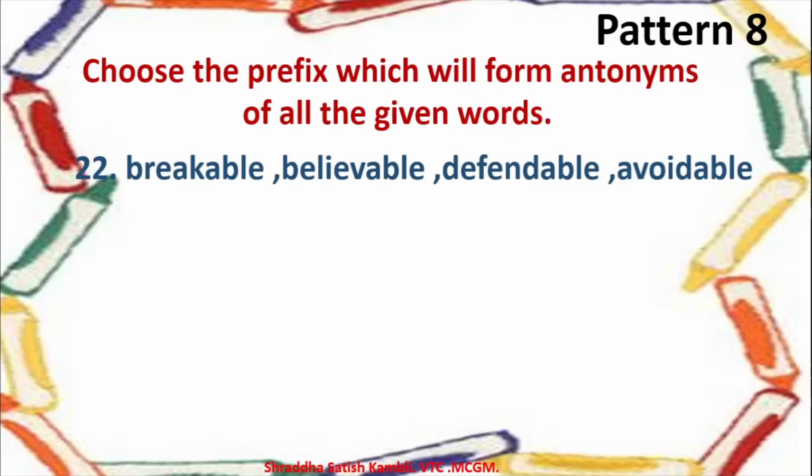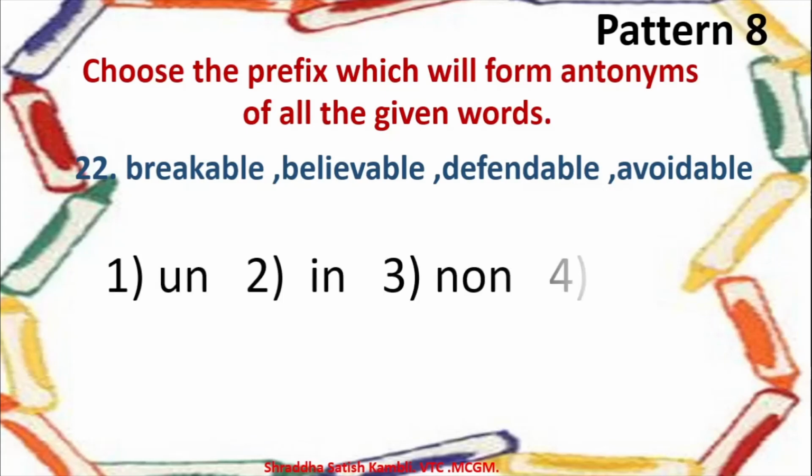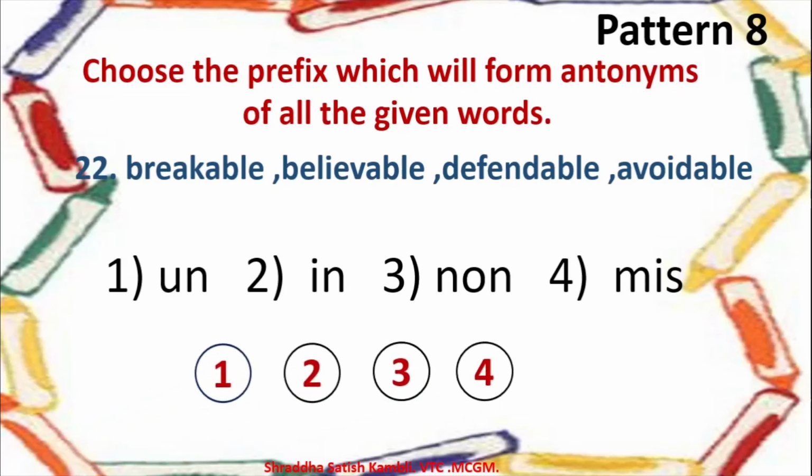Breakable, believable, defendable, avoidable. Which prefix will fit all of them? Will it be un, in, non, or miss? Yes, it will be un. So we have unbreakable, unbelievable, undefendable, unavoidable.